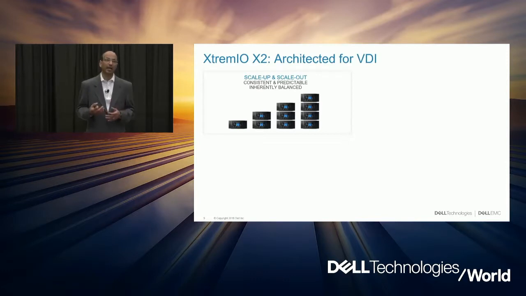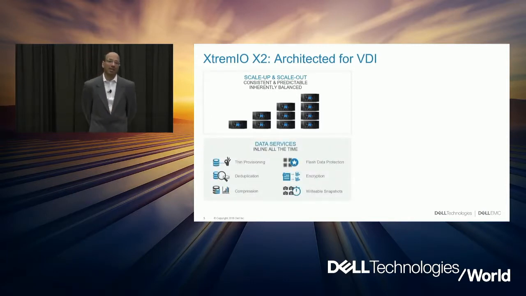Its N-way truly active-active controller architecture helps us deliver very high performance with consistently low latency irrespective of VDI workload, different types of VDI users, or the state of the VDI desktop in its life cycle.